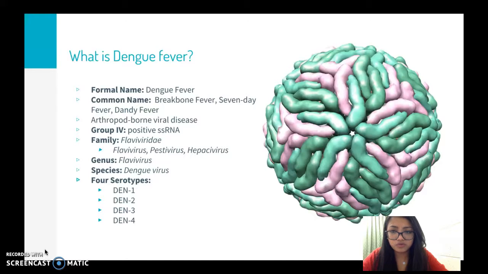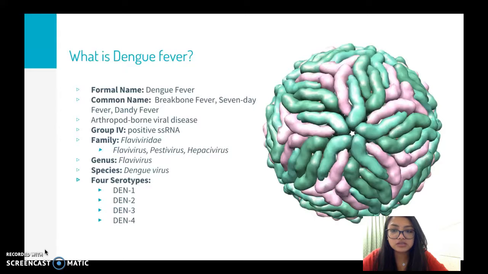It's an arthropod-borne viral disease from group 4, positive ssRNA. It belongs to group 4 of the Baltimore classification as a positive single-strand RNA. Family Flaviviridae includes Flavivirus, Pestivirus, and Hepacivirus. The genus is Flavivirus.